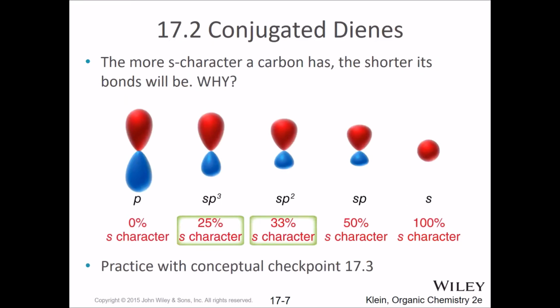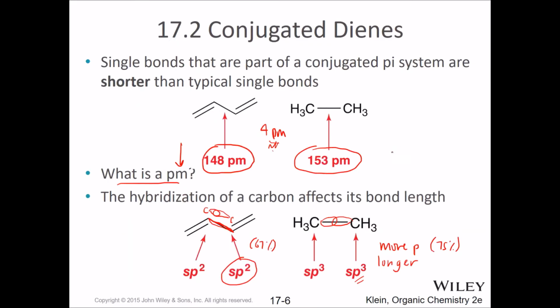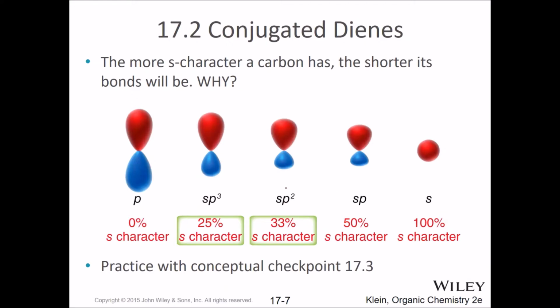So the more s character a carbon has, the shorter it is. I said here, the more p, the longer. Conversely, the more s character a carbon has, the shorter its bonds will be. Why? Because an s orbital is spherical, and a p orbital is long.